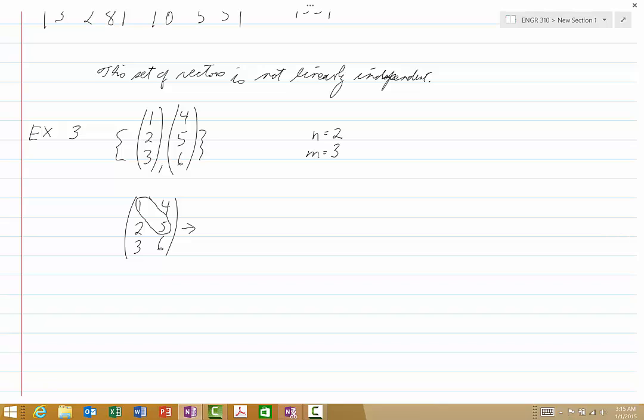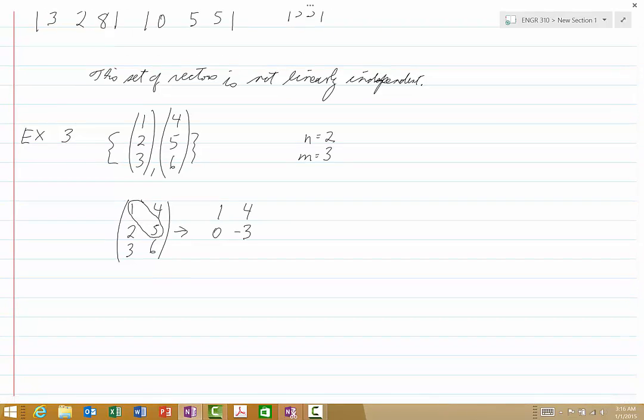So to get rid of the 2, we'll add -2 times the first row to the second row. To get rid of the 3, we'll add -3 times the first row to the third row, and let's see what happens. So we get 1, 4, and then -2 times the first row added to the second row will give us 0 and -3. -3 times the first row added to the final row will be 0, -6.